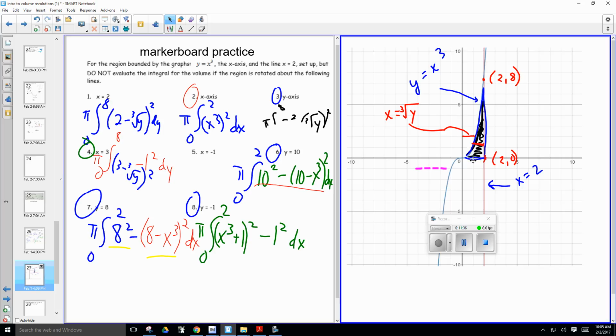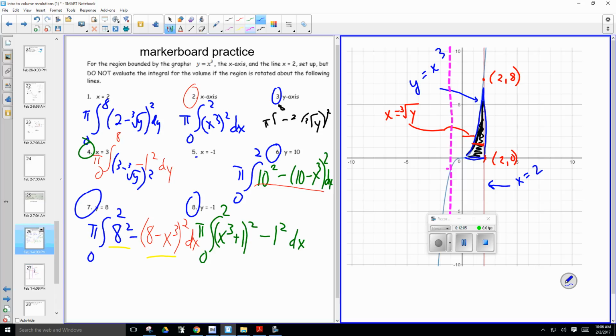So for the x equals -1, similar question, only go in the other direction. So when I rotate across that x equals -1, the outside is going to be a cylinder. The outside's flat. Vertical. So my slices are vertical.